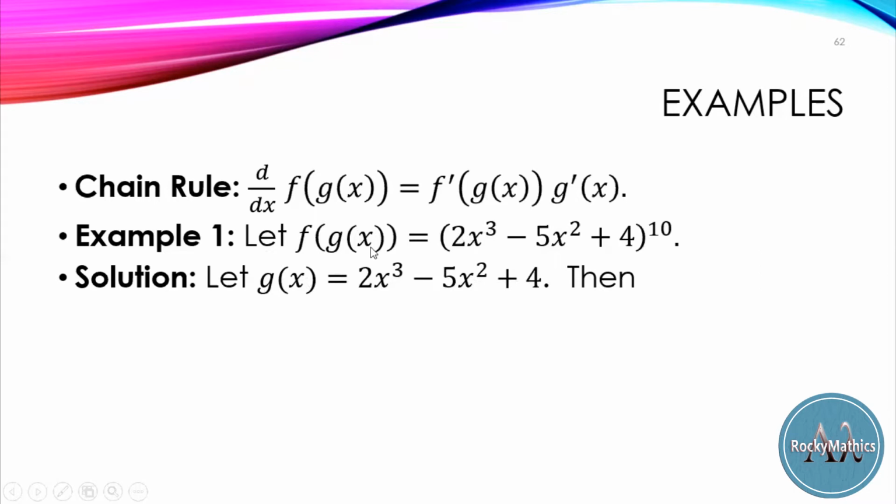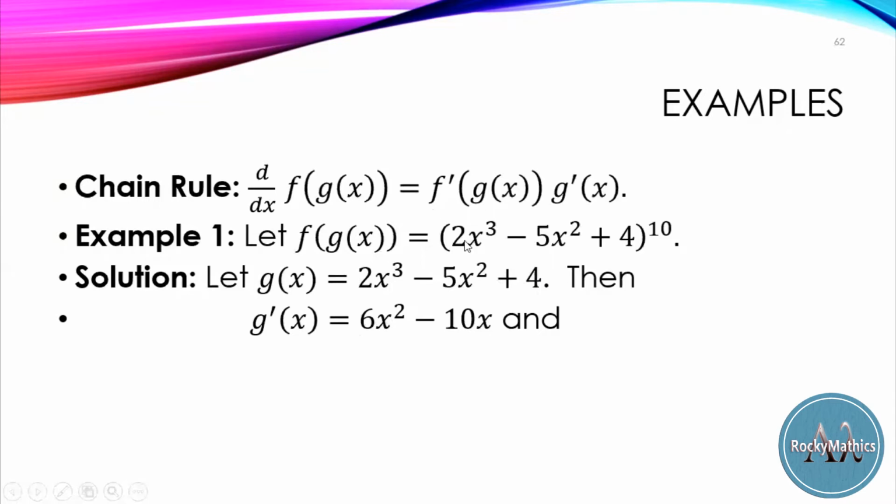Now, if we already identified our g of x, this time we are going to find the g prime of x. What is g prime of x? G prime of x is the derivative of g of x with respect to x, which is equal to 6x squared using the power rule, minus 10x, again the power rule. Then the derivative of 4 is a constant, which is 0. So therefore, this is our g prime of x.